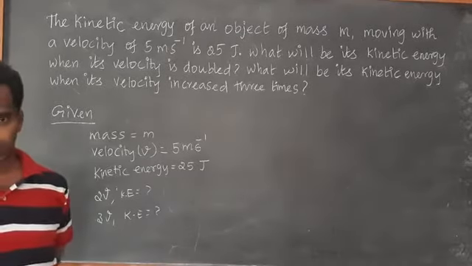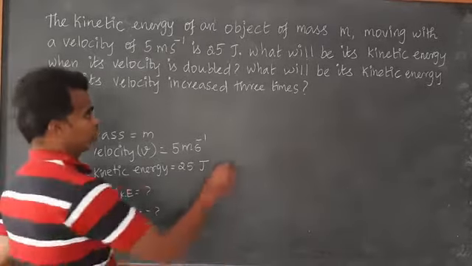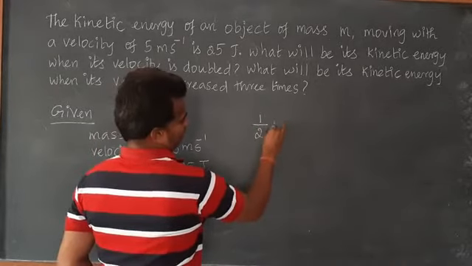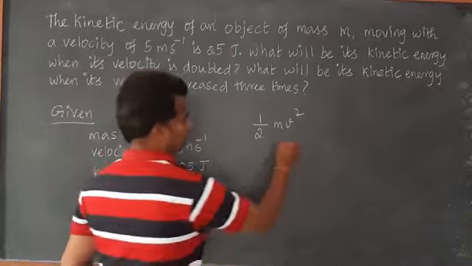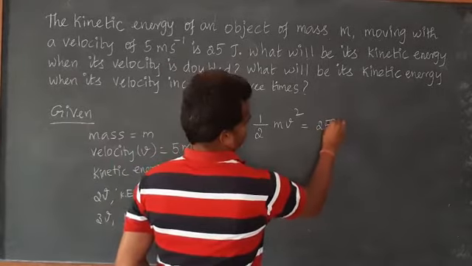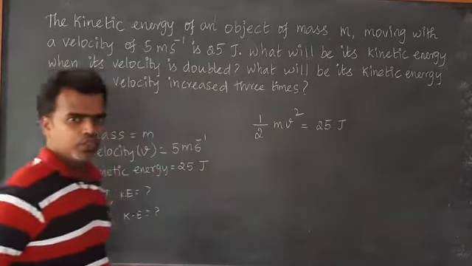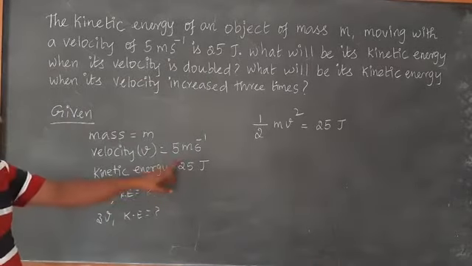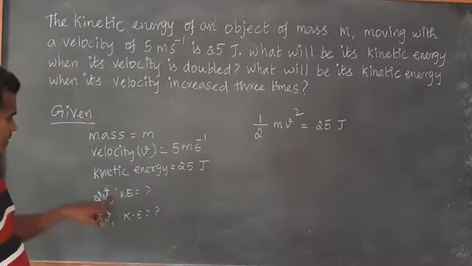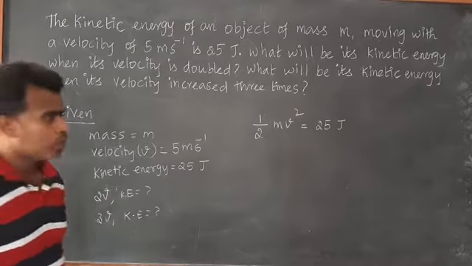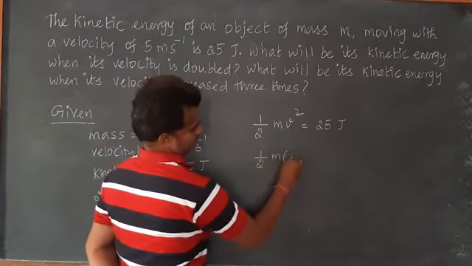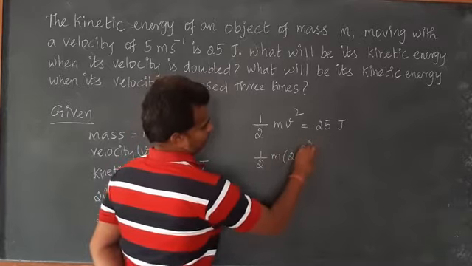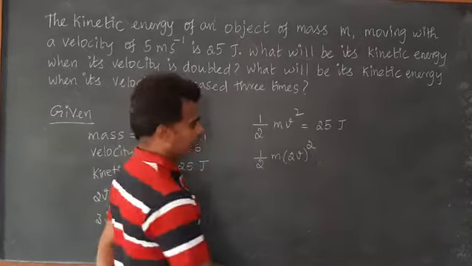Is it clear? Okay. So we have the formula half mv square, the equation for kinetic energy. The given kinetic energy is 25 joule. If v increases 2 times, instead of v I can write 2v whole square.